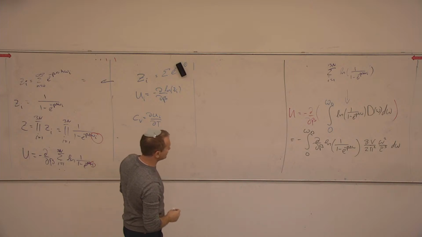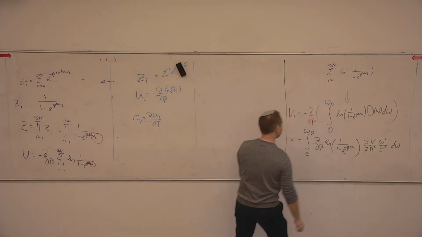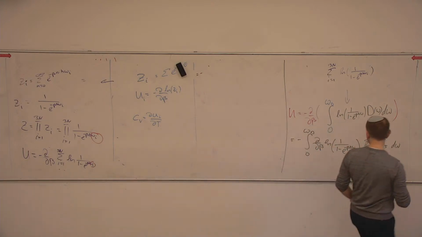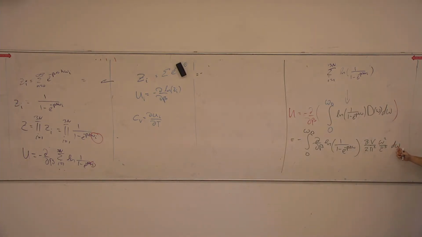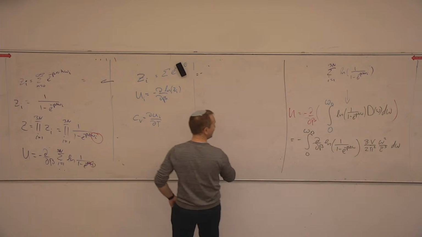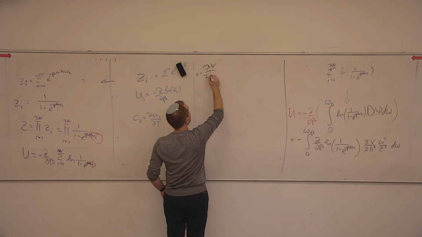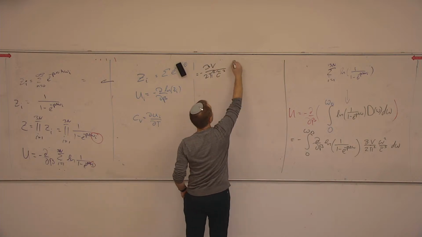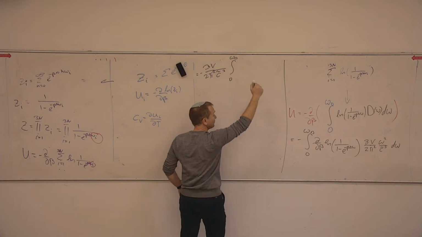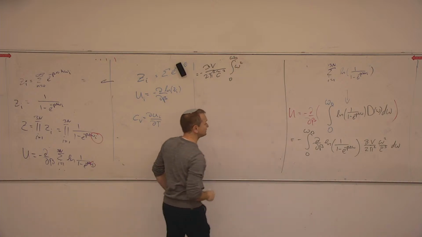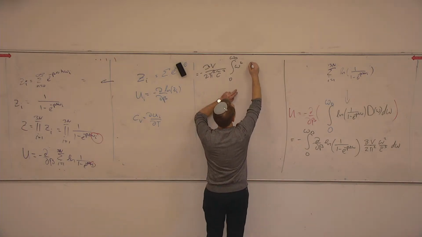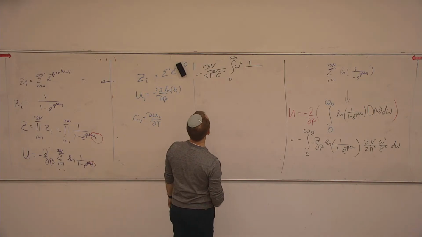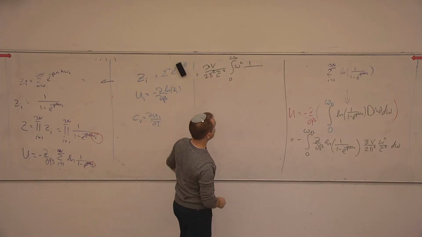Next step is, well, what is this derivative over here? So it is minus. Let's take everything that is independent of omega outside of this integral. So we have minus 3V over 2 pi squared c tilde to the third, an integral from 0 to omega Debye of omega squared, and here I have 1 over, d/d beta.